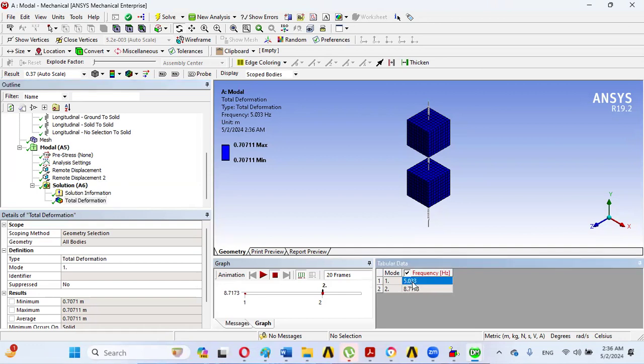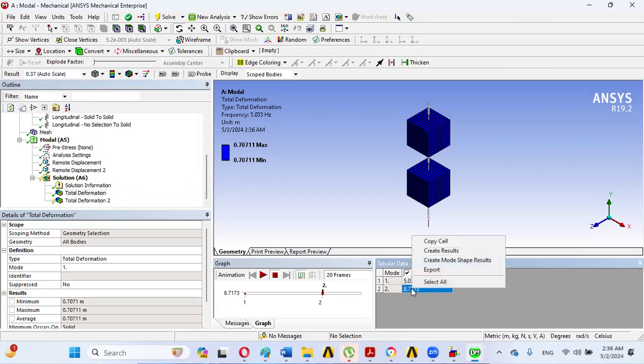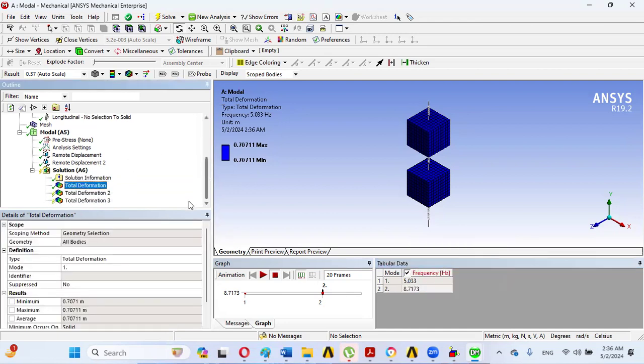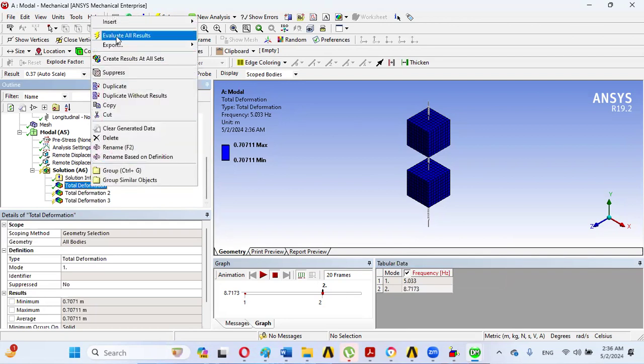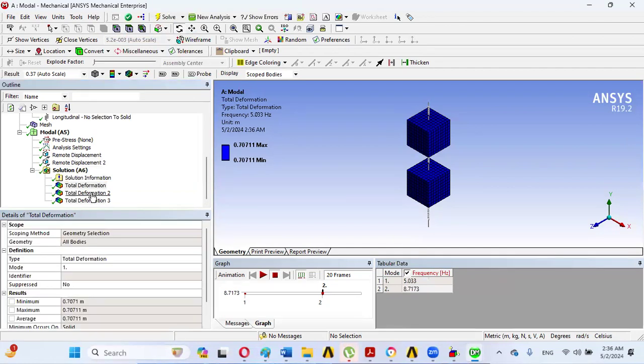So we can, for example, create a mode shape result for the first mode, and in a similar manner we can create the mode shape result for the second mode in this way. So once again solving, we can evaluate our results here, and this is the first mode and this is the second mode.